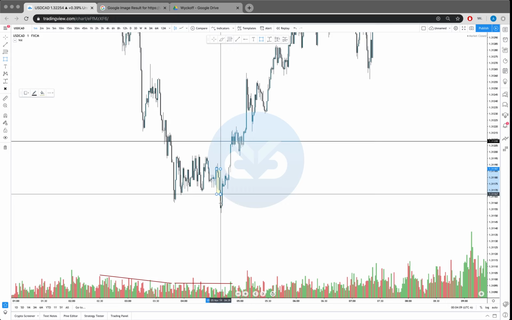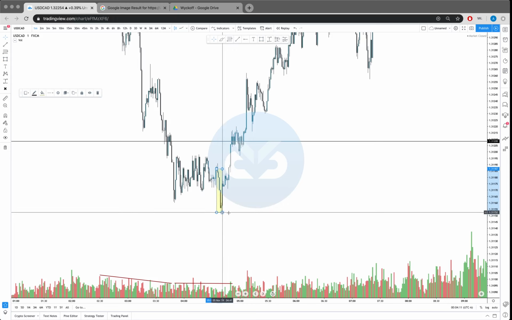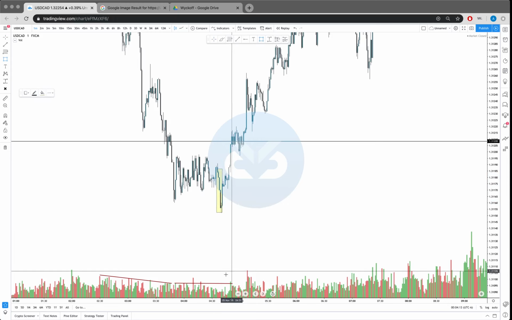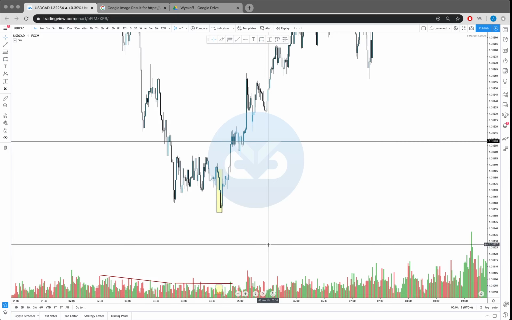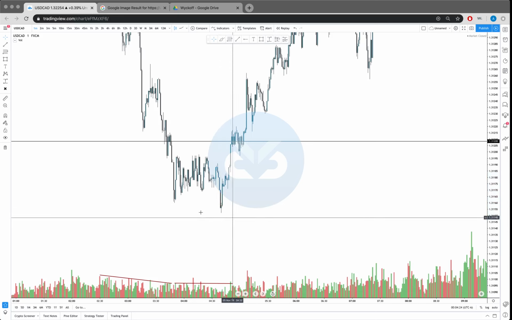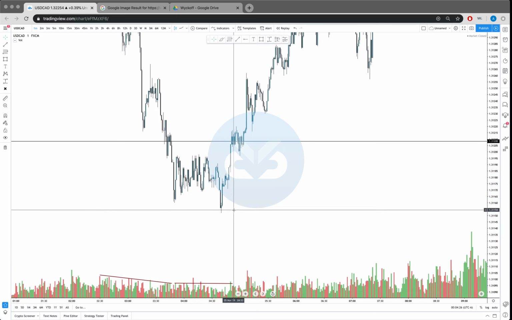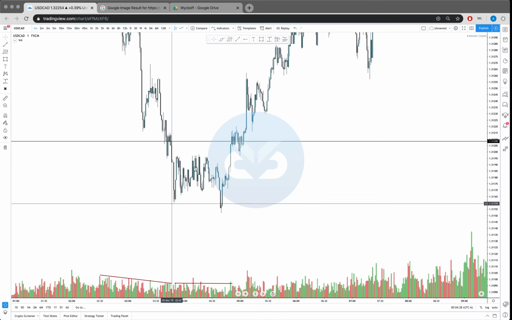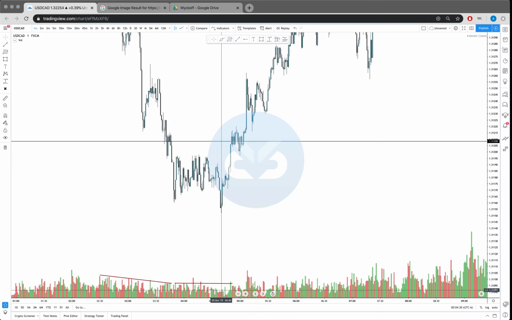But notice, while this drop is happening, if I go to volume, there's no volume supporting it. What does that mean? That just means this could more than likely be a false move. So this is where you would want to take risk, where we're seeing zero volume supporting a strong impulse to the downside.